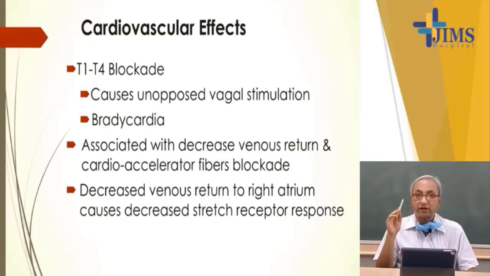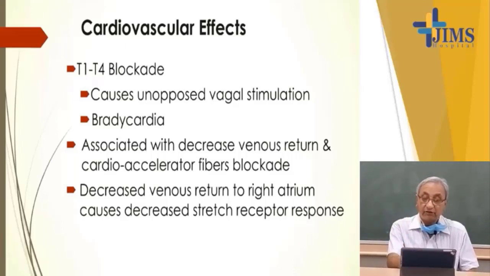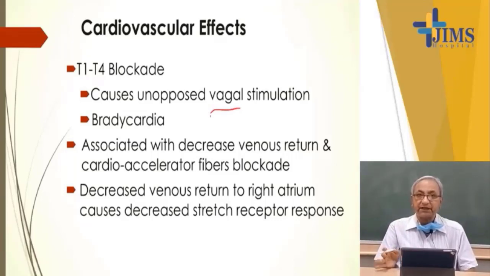The major central nerve which has parasympathetic supply is the vagus. So with sympathetic supply being less, there is unopposed vagal stimulation. Vagal stimulation causes bradycardia because it stimulates the pacemaker of the heart.